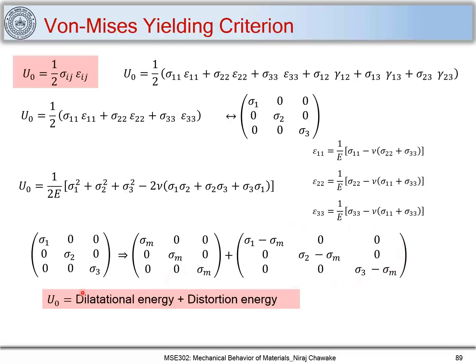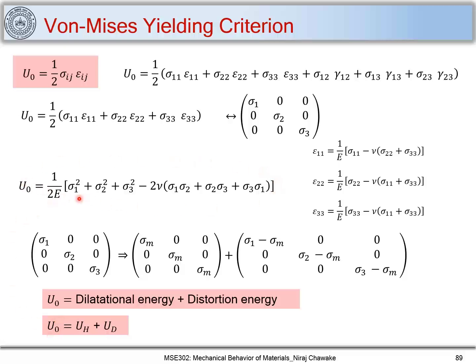The dilational energy comes from the material being subjected to a hydrostatic stress state, while the distortion energy comes from a deviatoric stress state imposed on a material. So you have U naught with contributions from dilational energy and distortion energy, and I write it as U naught equal to Uh plus Ud. What we have found here is the total U naught.